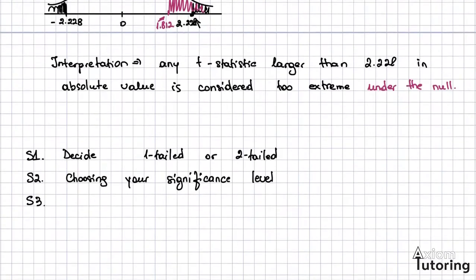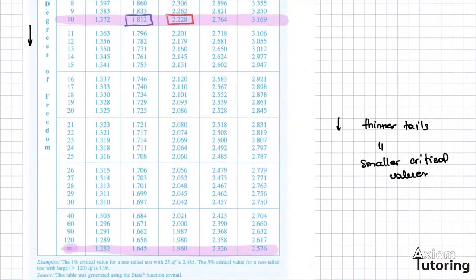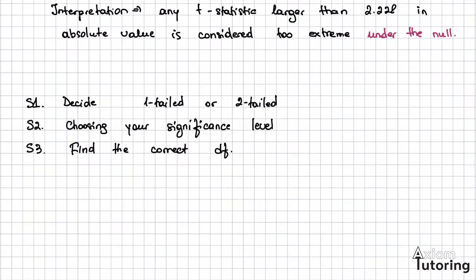Step 3, find the correct degrees of freedom. In this case, I arbitrarily picked degrees of freedom 10. Keep in mind that will be dictated by the information in your exercise. Step 4 is read the critical value.